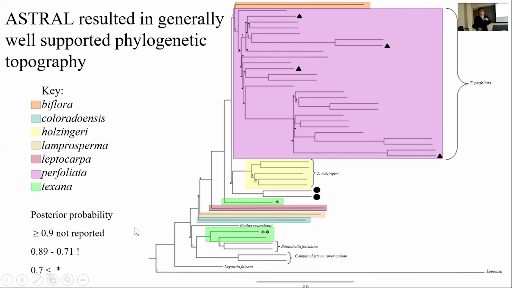But generally across my ASTRAL tree here, the relationships were the same as my IQ-TREE, which is what you hope to get, your relationships being mostly the same with maybe a few minor differences. And those two main differences here are that what we ID'd as Perfoliata are now hanging out with Holzingeri, which was also at the site where we collected.